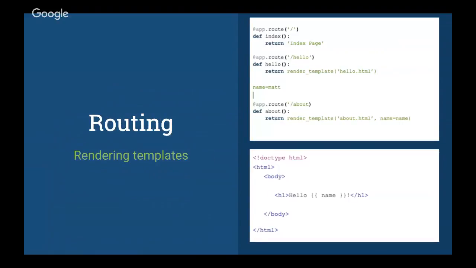And then another thing that's very cool with Flask is the render template function. So basically, you can see up here if you want to create a new page for your application, you just specify in the route that this page is going to be called hello.